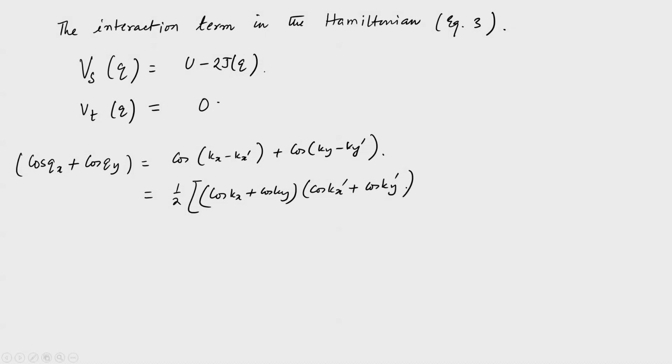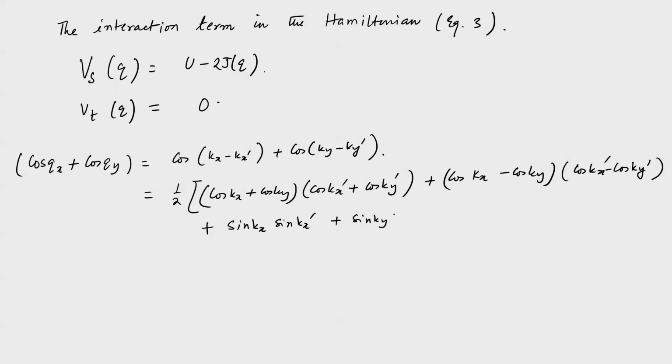As told earlier, we have taken the lattice constant to be equal to 1, and so there are terms such as cos k x minus cos k y, and cos of k x prime minus cos of k y prime, and we can also take sin k x sin k x prime, and sin k y sin k y prime.